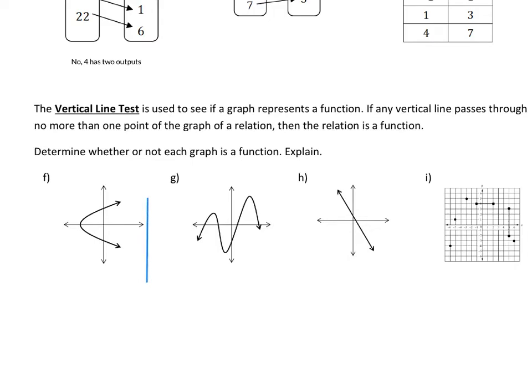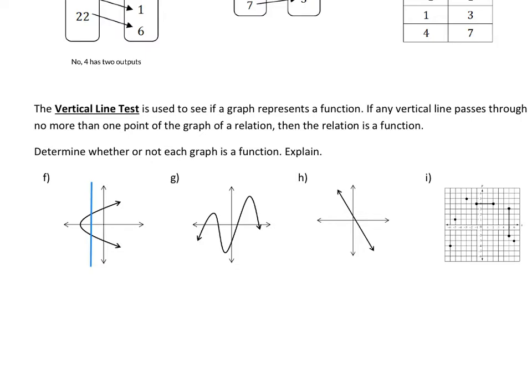Okay, so when I take this vertical line and I move it across the graph, if at any point the line touches our curve at more than one point, it is not a function. So where my line is right now, it's only touching at one point. However, as I move my line over, you can see that it is touching at 2 points. One here and one here. Because it's touching at more than one point, it is not a function.